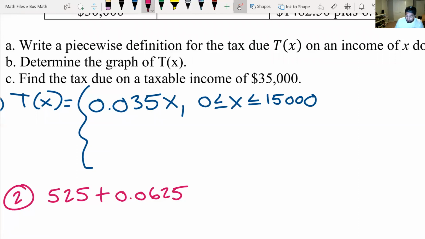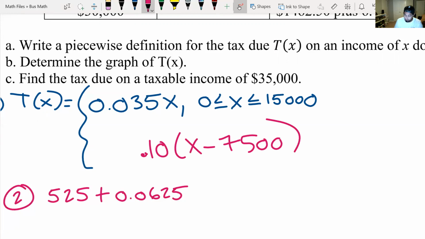And remember, we set it up as 0.10 times x minus 7,500, because x has to be greater than 7,500. So that's how we represent over.